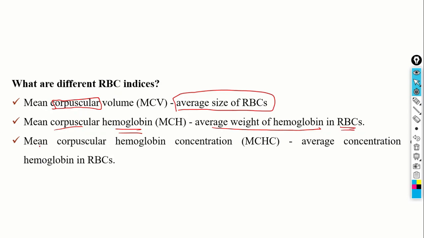Mean corpuscular hemoglobin concentration means average concentration of hemoglobin in RBC. So volume talks about average size of RBCs, hemoglobin talks about average weight of hemoglobin in RBC, and concentration talks about average concentration of hemoglobin in RBC.